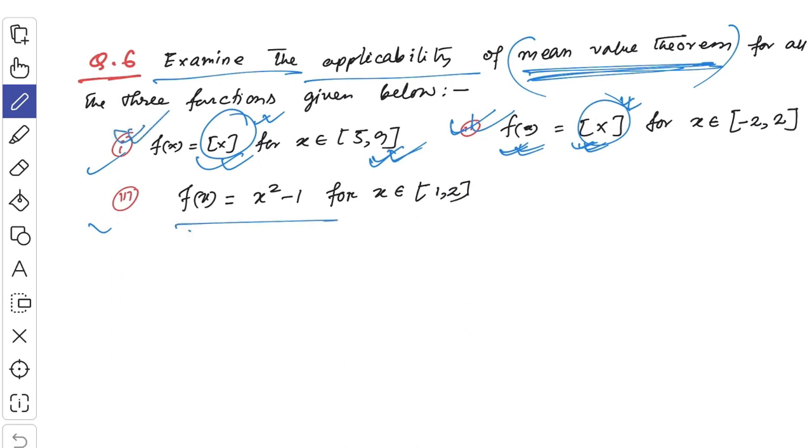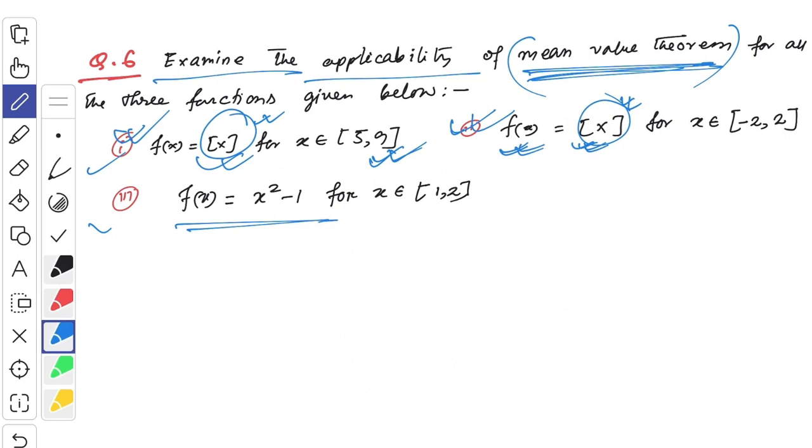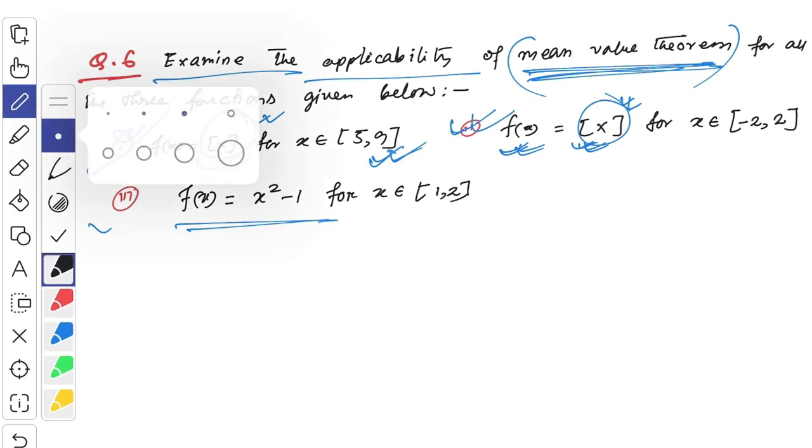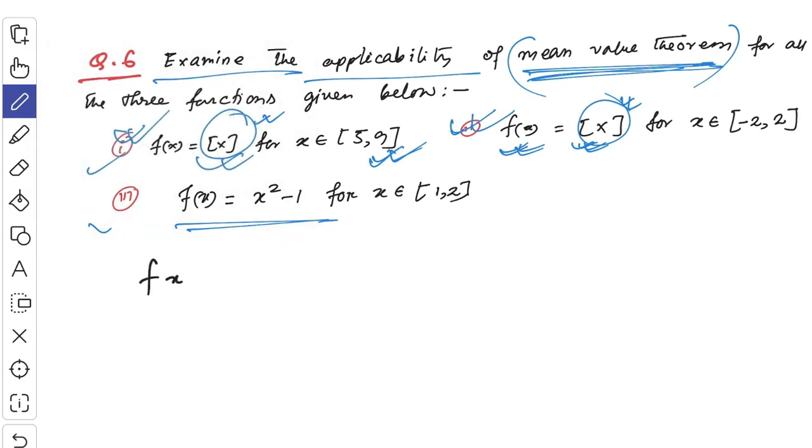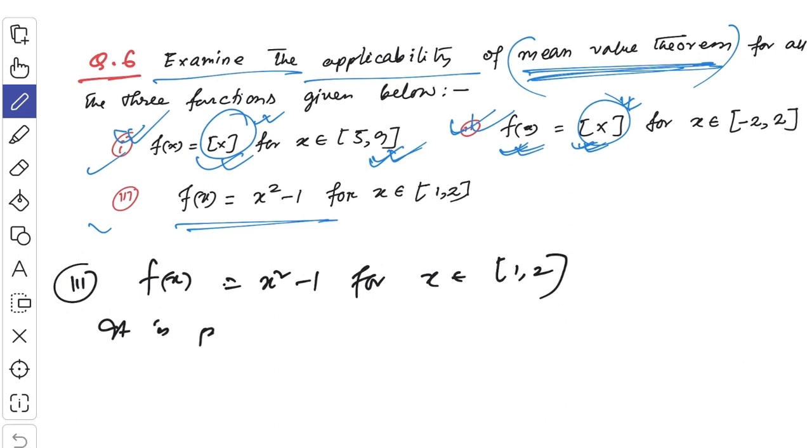So let me check the third one. So this is the third one, f of x, number 3, we are going to solve the third one, is x square minus 1 for x belongs to [1, 2]. So it is a polynomial function.